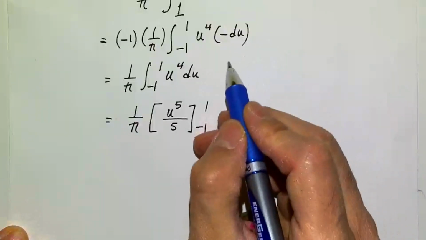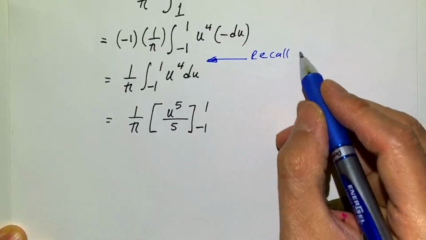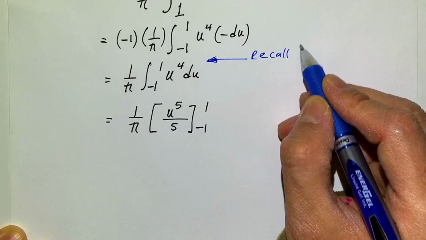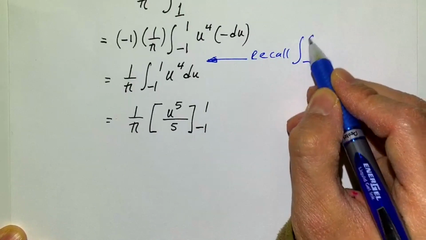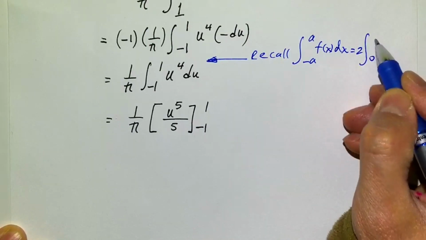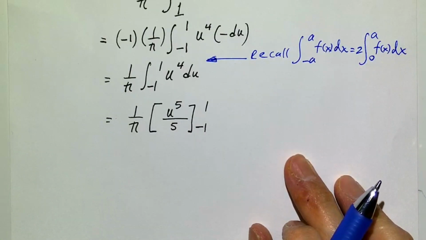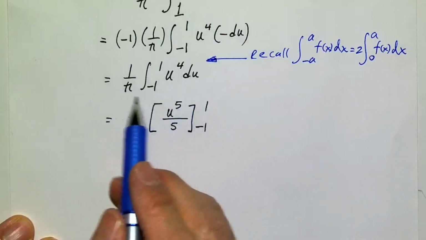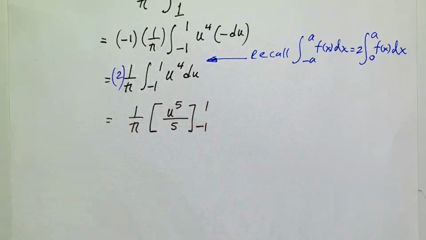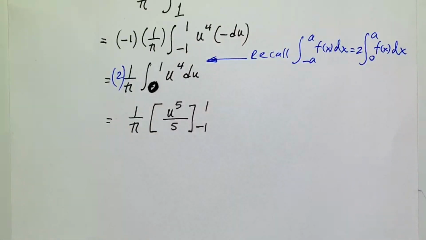So let me recall that, I'll just reference that second page, the integral from negative a to a is equal to twice the integral from 0 to a of f of x dx. Therefore, we can multiply this integral by 2, and we can switch this lower limit from -1 to 0.